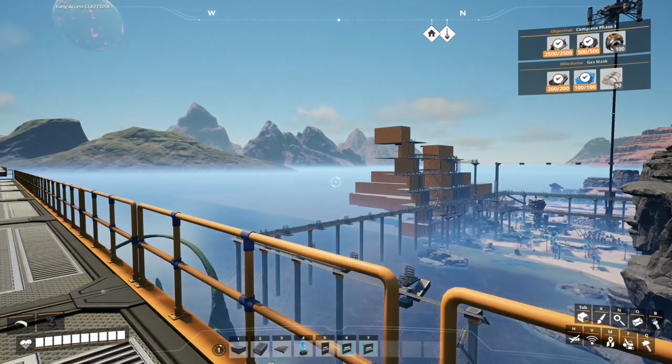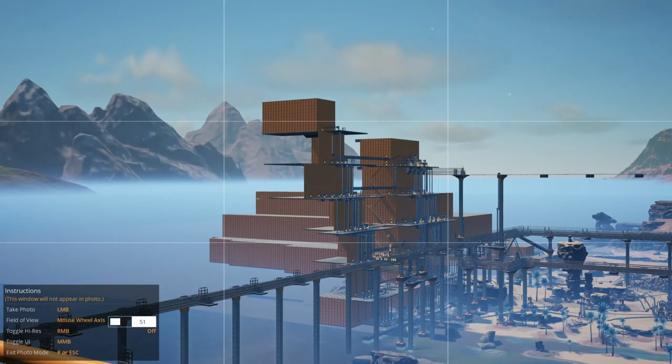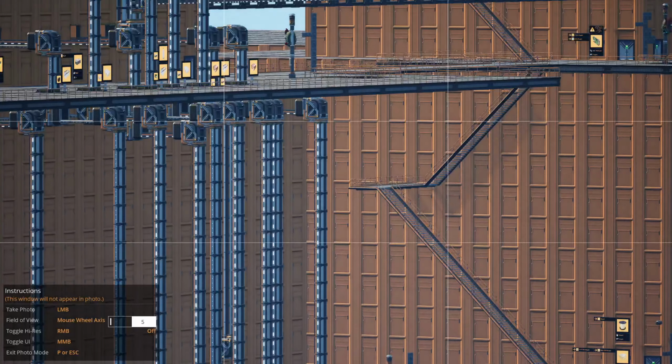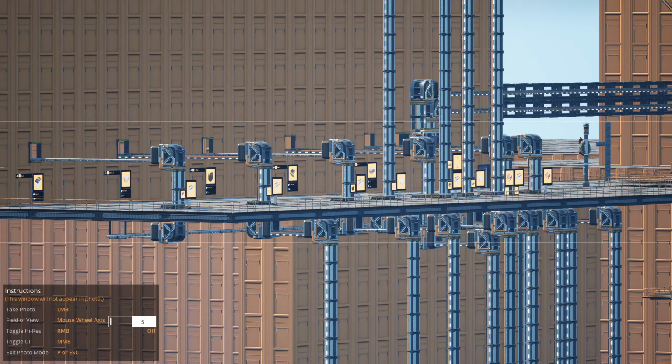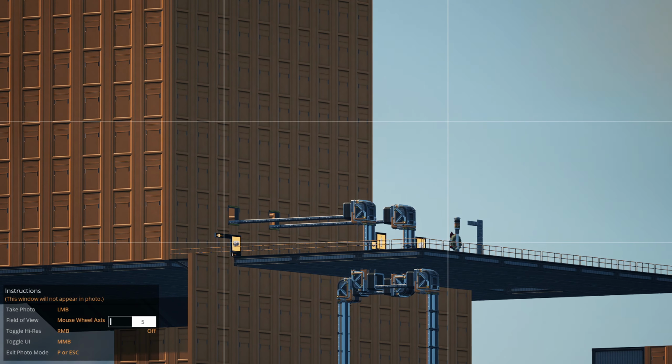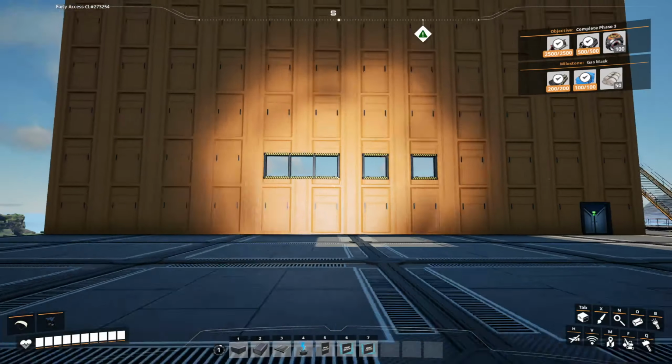Am I getting that the right way around? I honestly can't tell from the... Yeah, output's on the left. Right.